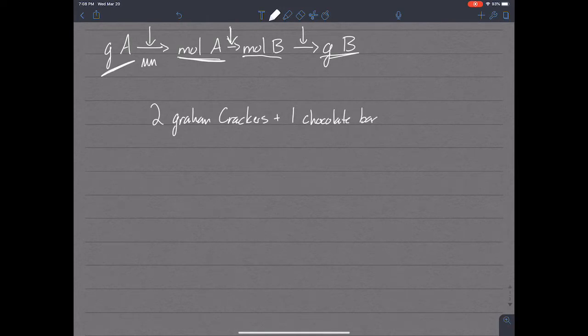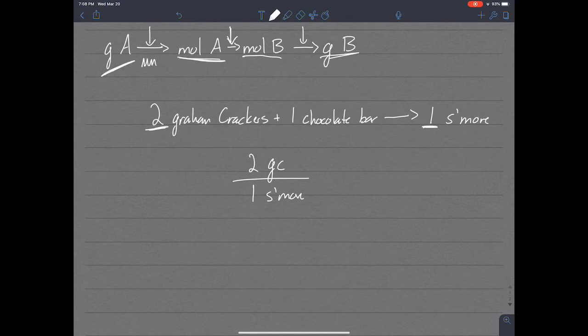I forget the marshmallow for now, I don't feel like writing it out, to get 1 s'more. So, how many graham crackers per 1 s'more? Well, you just look at the numbers. For every 1 s'more, you need 2 graham crackers.